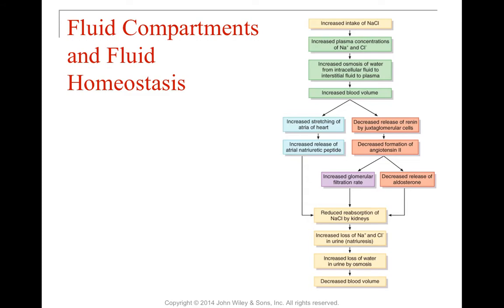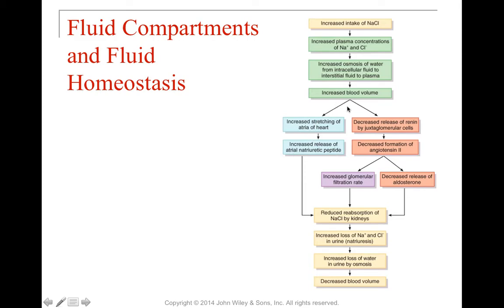That's going to increase the blood volume. Increased blood volume is going to lead to the increased stretching of the atria of the heart. You may remember previously when we talked about the cardiac lecture that we have baroreceptors inside the heart. And these baroreceptors then react and lead to the release of ANP, or atrial natriuretic peptide.